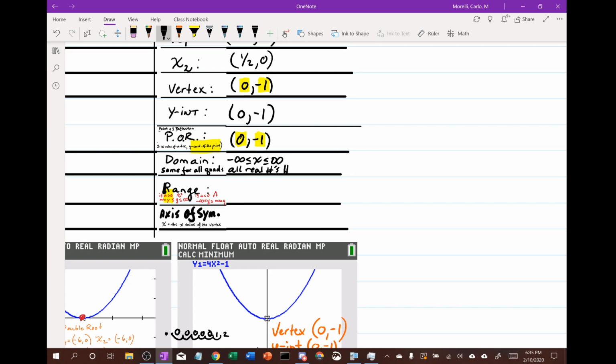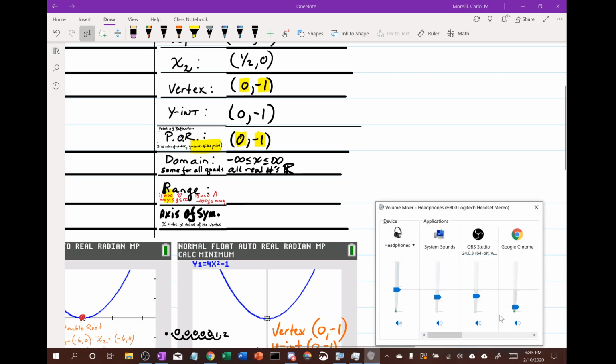Or you could write that weird looking R. Okay, how about the range? Min y less than or equal to y less than or equal to infinity.